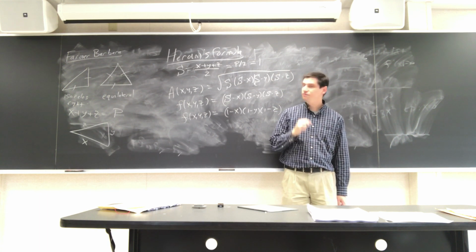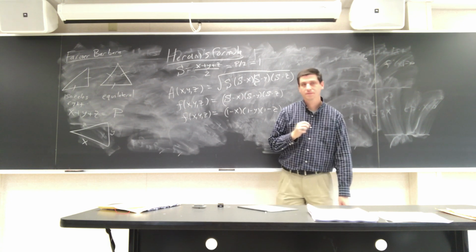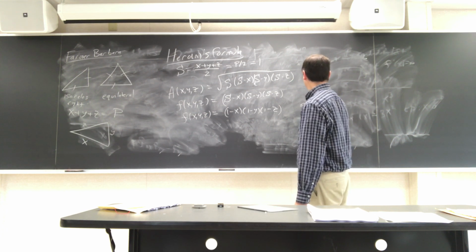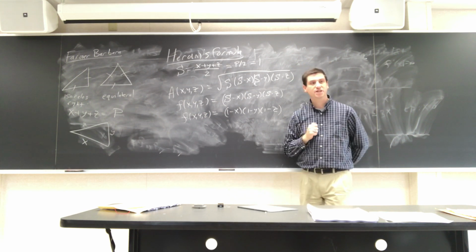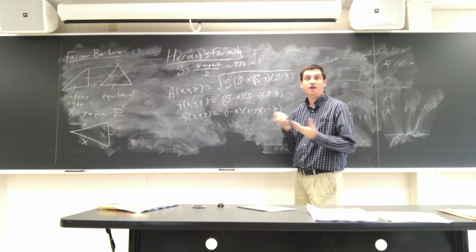And now, what do you think the ranges are for x, y, and z? What do you think the smallest x, y, and z could be? 0. We're making a triangle.